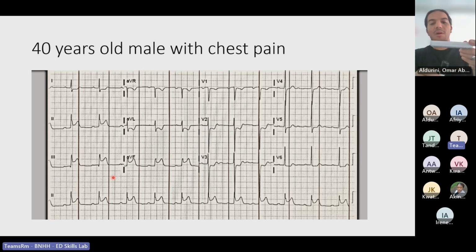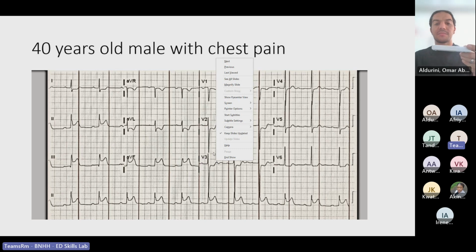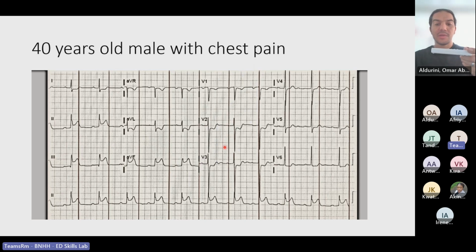Okay, if I am looking from the interior wall, I might detect the mirror image of it. Okay, that's why I can see an ST segment depression in these leads. So sometimes the inferior wall might have a mirror image in the anterior wall.